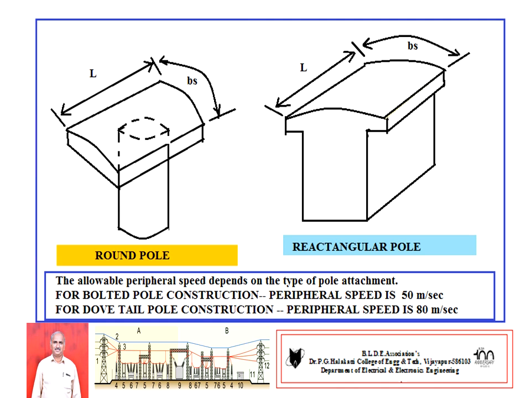If the design lies there, then we have to use bolted pole type construction. On the other hand, dovetail pole construction is used if peripheral speed is above 50 and near to 80 meters per second. In such construction, we have to suggest dovetail pole construction can be used.